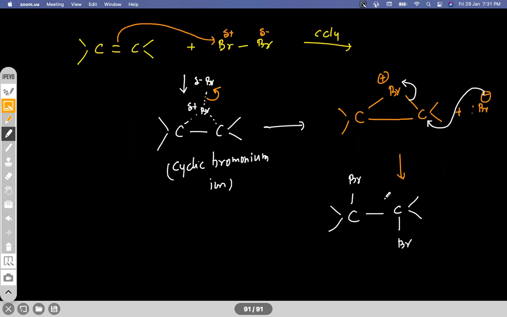Correct? Understood, guys? Okay, fine. This you just remember, it is not important. You have to keep in mind that halogenation of alkene is anti-addition.